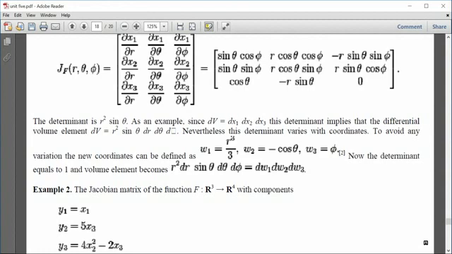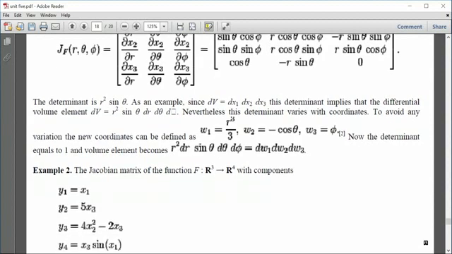So here they're saying the volume element becomes r squared dr. That means in our determinant, r squared dr sin theta dθ dφ will be equal to dw1 dw2 dw3.